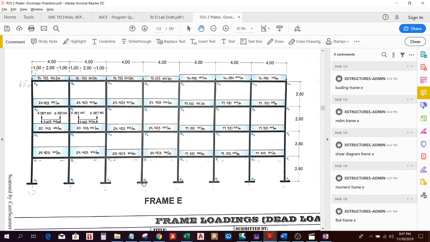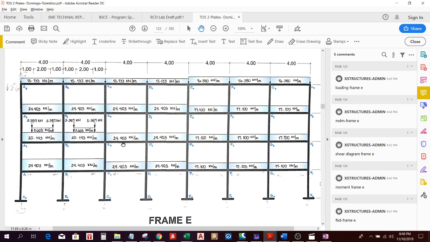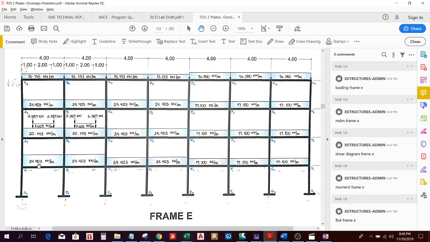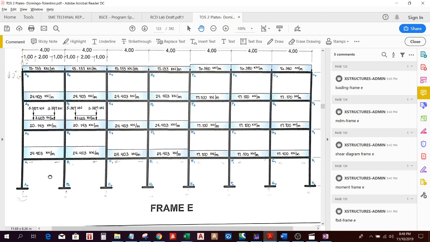So for example, we have this frame E with the loadings shown. Okay, you will notice you need to designate certain letters with the corresponding subscript for each joint in order to have a clear organization in your spreadsheet, to retrieve the values later on.